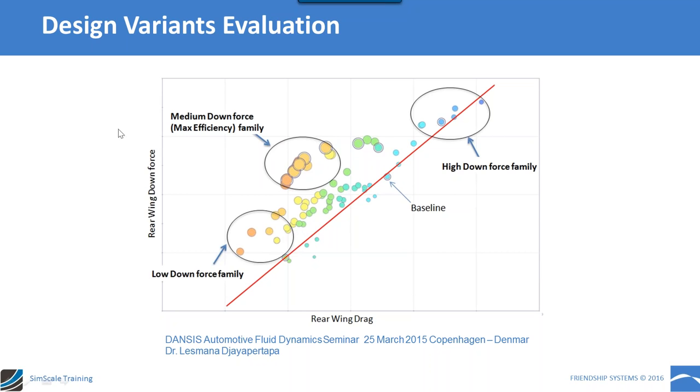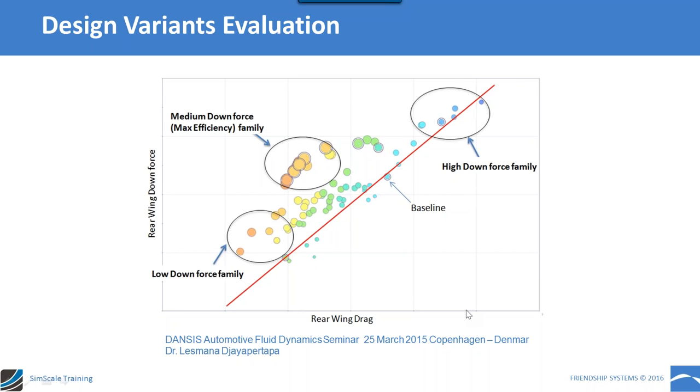And you can evaluate this. So if you can see here, these designs are the high downforce family because they generate maximum downforce but with maximum drag.